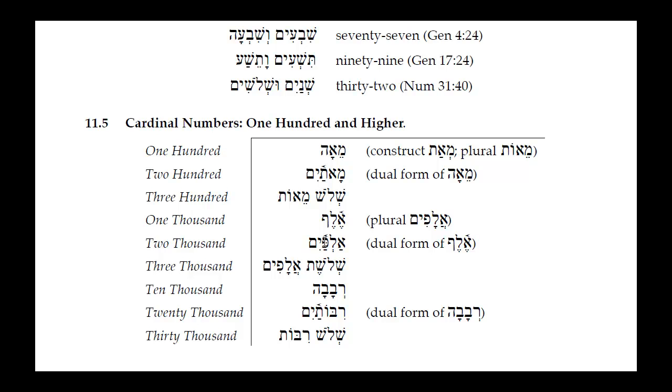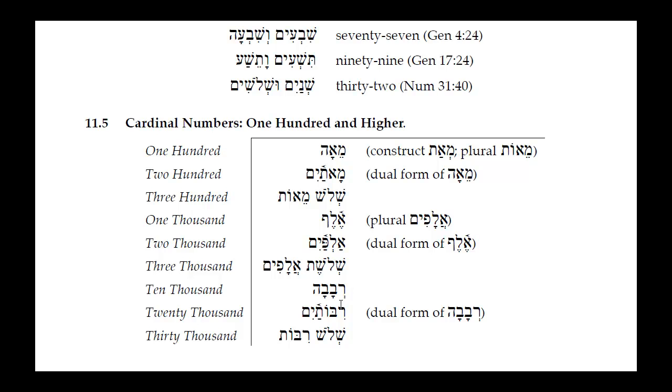Of course, this is the dual noun of elef, which is alpayim. So that's 2,000. Sheloshet alafim is 3,000. And then we get to 10,000. It's revava. Revava is 10,000. It kind of sounds like it, just the sound.